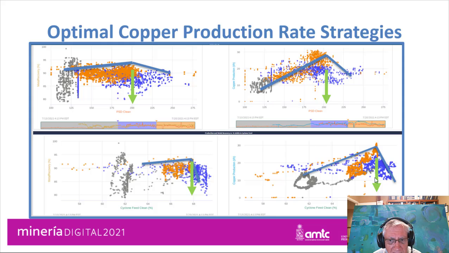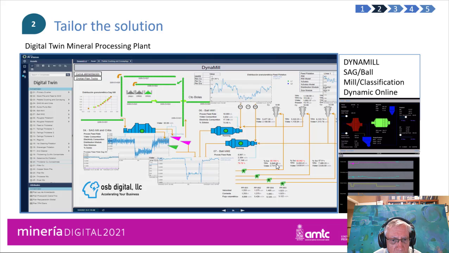So we can do many analyses in this beautiful SIG environment, which allows us to analyze all these multiple variables. And we see here the maximum particle density that we need to feed the cyclone. We can see the densities that we have in the mills. All those are calculated with the soft sensors, which are included in the digital twin plant model.